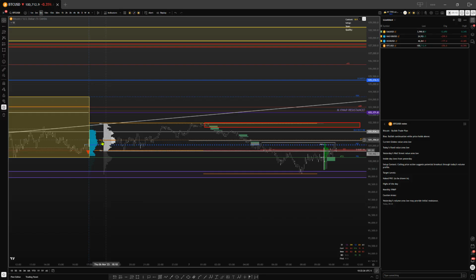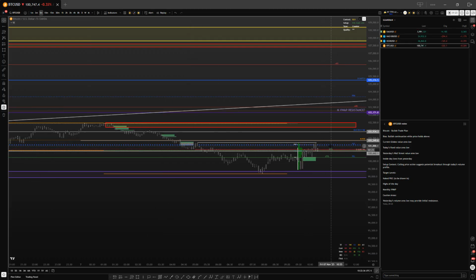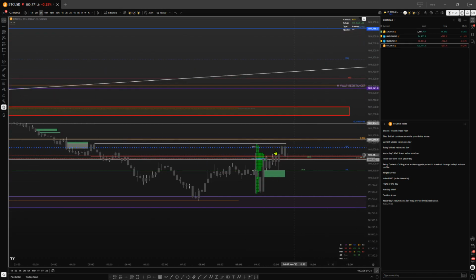So this is the fixed naked point of control. This is today's developing one that currently aligns with the closing price, which is pretty sticky at the moment.